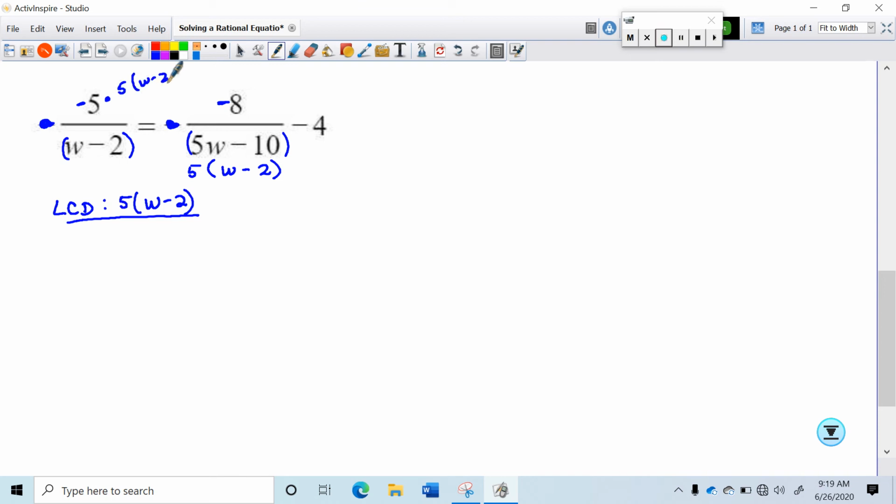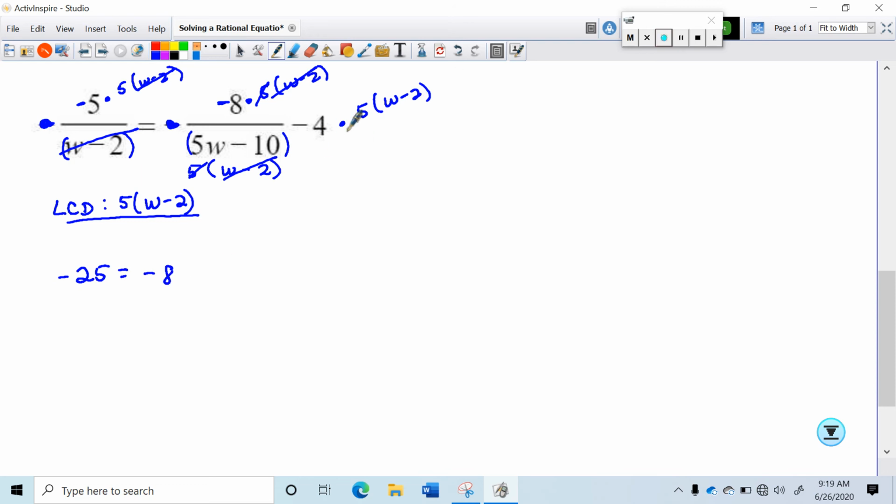5 times W minus 2, times 5 times W minus 2, times 5 times W minus 2. Top cancels with bottom, so negative 5 times 5 is negative 25 equals, 5 cancels, W minus 2 cancels, so that's negative 8.